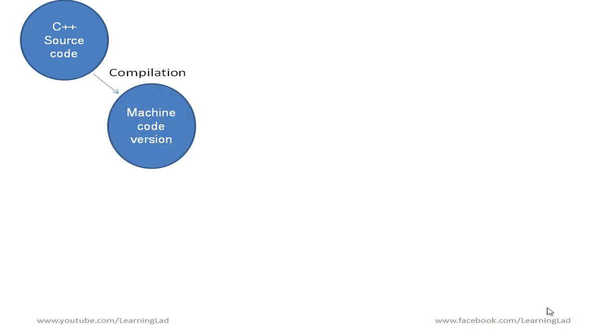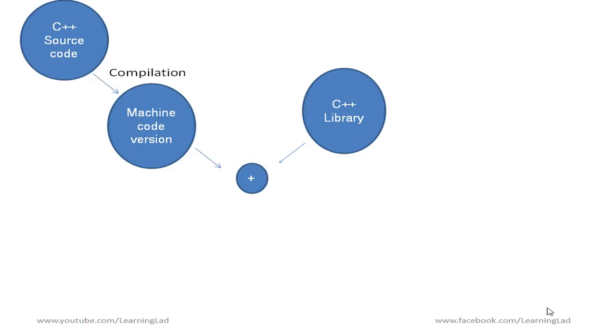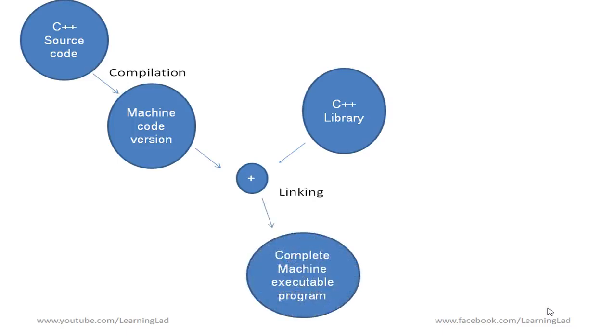This machine code version contains some symbolic references to other functions, data, or to the library functions provided by C++. Next, we link this object file, the machine code version, with the C++ library using the linker, and the process is called linking. Here the references are resolved and we get a complete machine executable program. This complete program is an application which can be executed by the operating system.